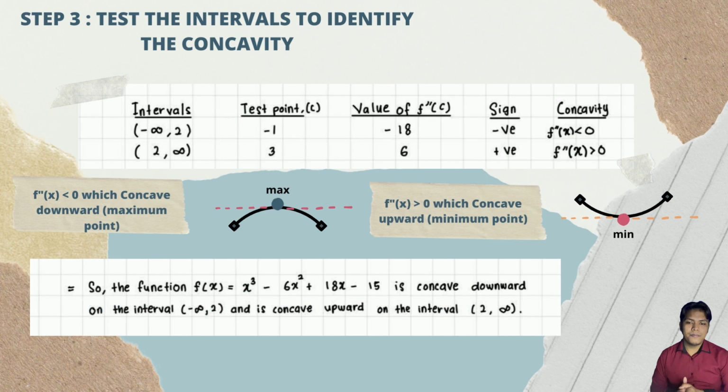So, like you can see, the second derivative less than 0 is concave downward, maximum point, and the second derivative of f(x) more than 0 is concave upward, minimum point. So, the conclusion, the function f(x) equal to x cubed minus 6x squared plus 18x minus 15 is concave downward on the interval negative infinity to 2, and is concave upward on the interval 2 to infinity.